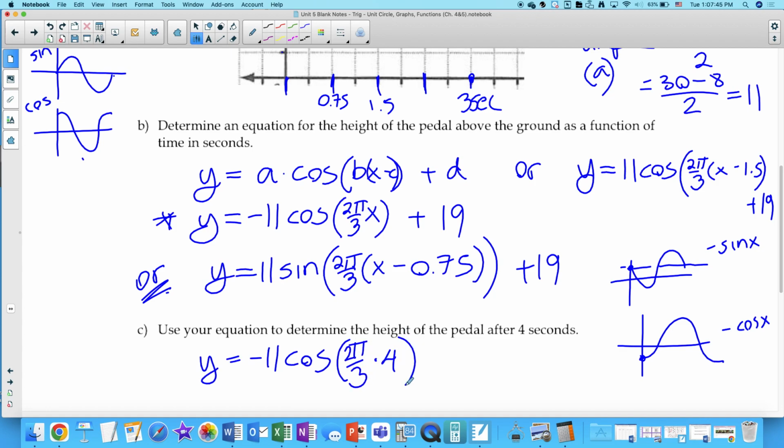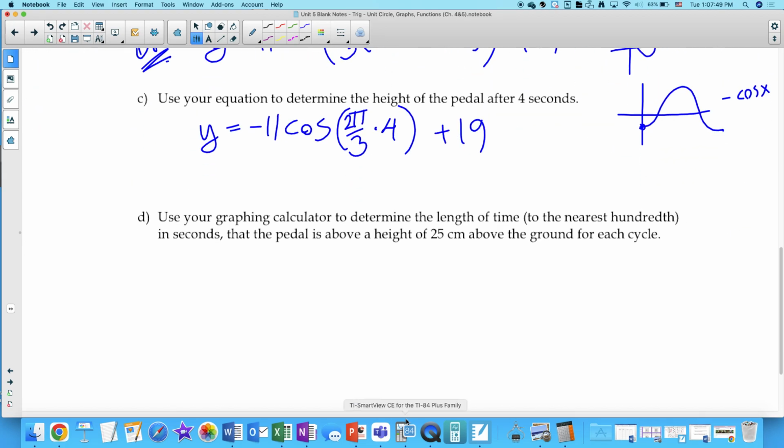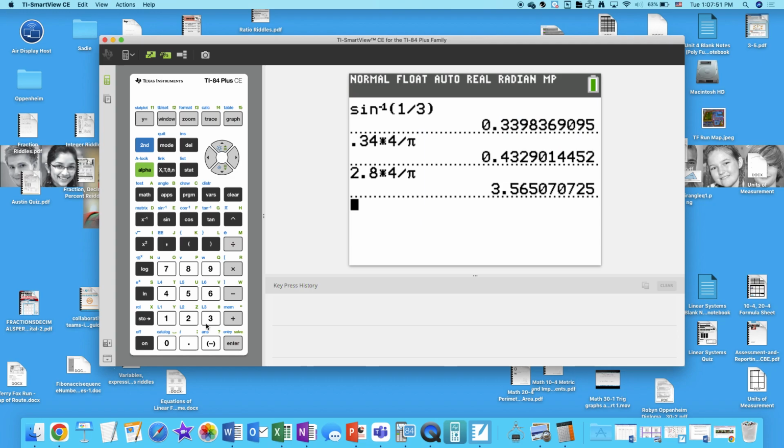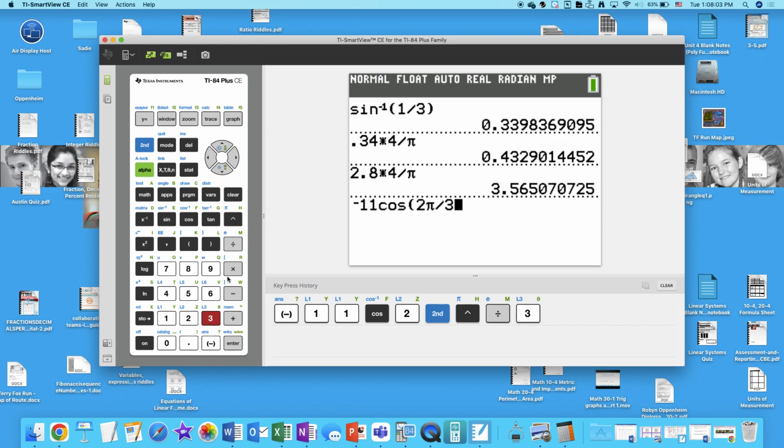I don't know what that is. Negative 11 cosine 2 pi over 3 times 4 plus 19. 24.5 centimeters.